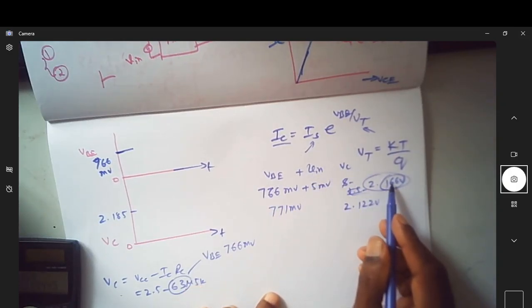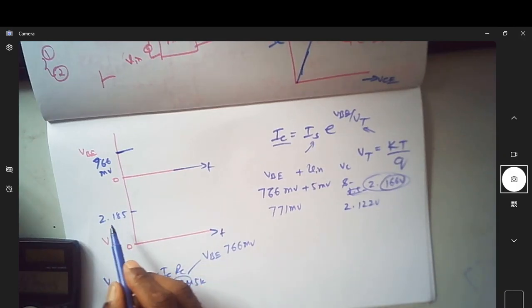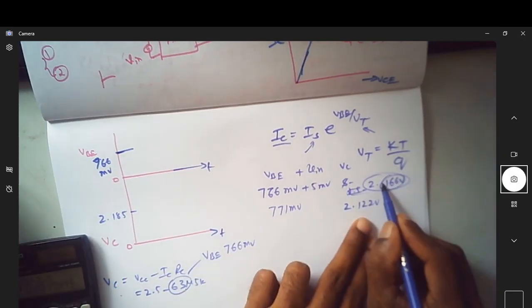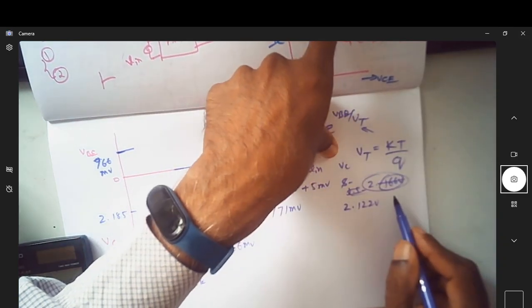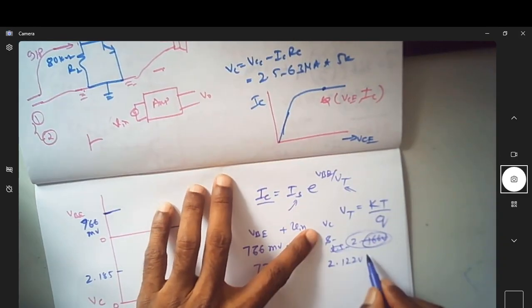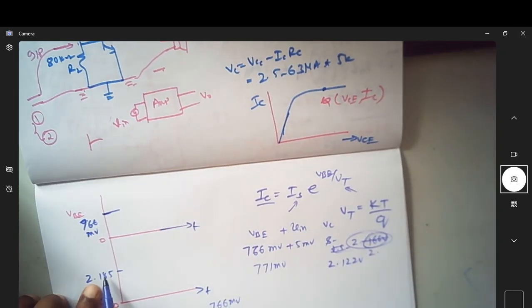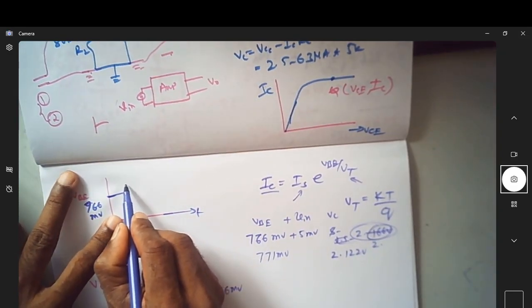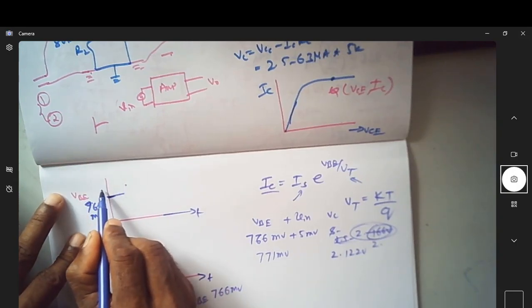So when there was no V in, that was 2.166. 2.16 is the simulation value, but the calculated value was 2.185. So when I have 5 millivolt extra, so what is this?